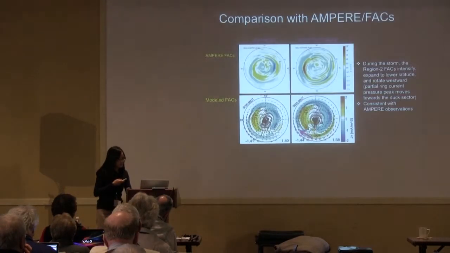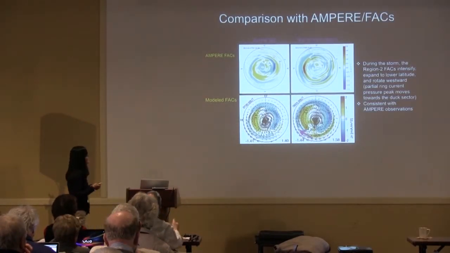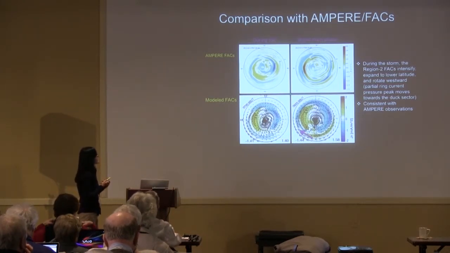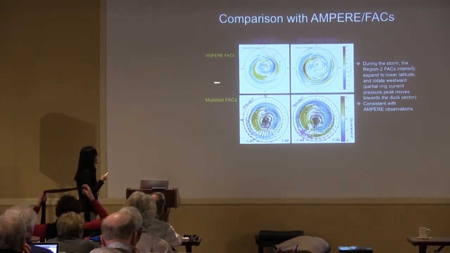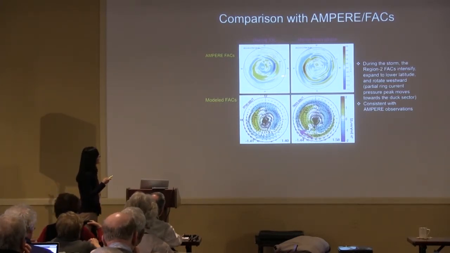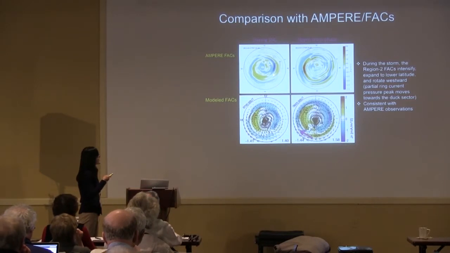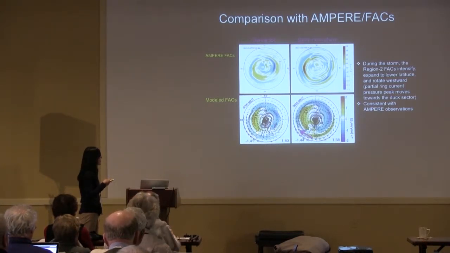And next, I want to show some comparison with observations. The first one is the comparison with field line currents derived from AMPERE. The top two are from the AMPERE field line current. You can see the typical pattern of region 1 and region 2. And in the model, we can see the same pattern, but the region 2 is weaker than the observation.